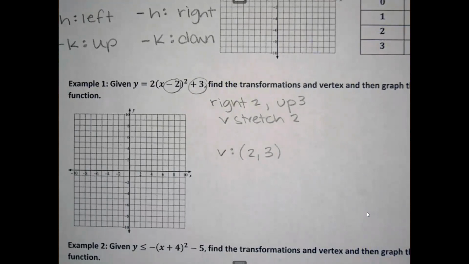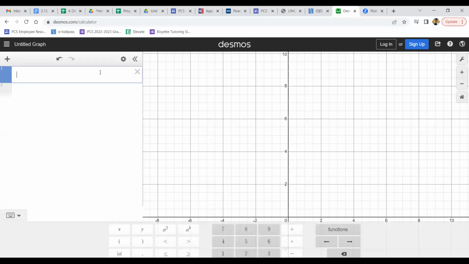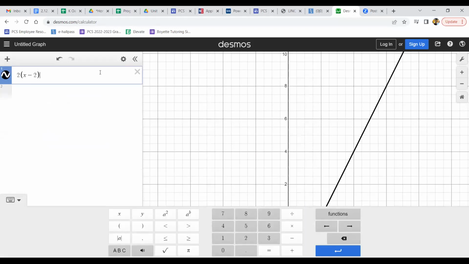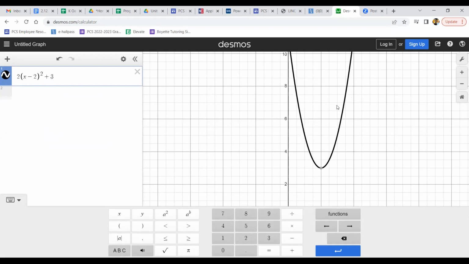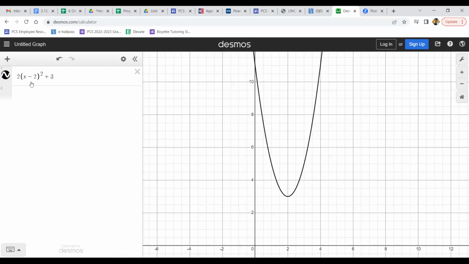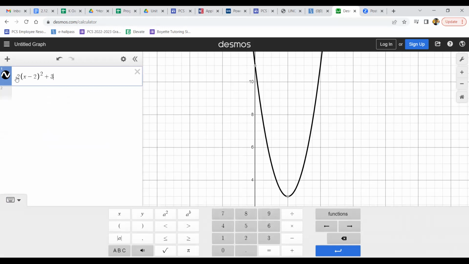So 2(x - 2)^2 + 3. You can put the y equals or not put it. Desmos is okay with it either way. So see how putting the y in didn't really change anything at all. So Desmos is fine either way.